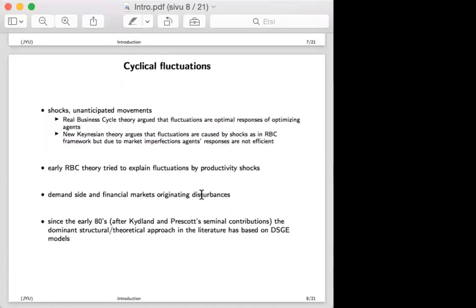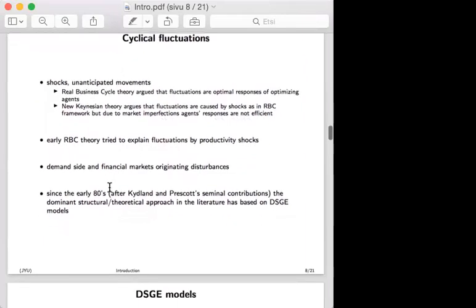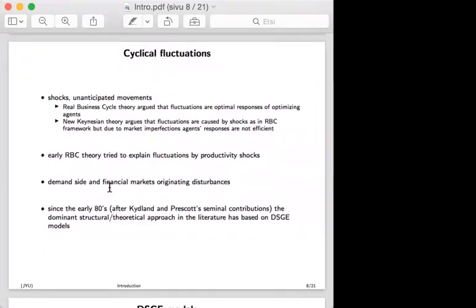Then came New Keynesian theory, which argues that yes, fluctuations are caused by shocks, but there are imperfections so that agent responses aren't efficient. And because of these inefficiencies, there's room for fiscal and monetary policy to improve the adjustment of the economy to shocks. Today, the focus is not only on productivity shocks, but also on demand side and financial market originating disturbances.